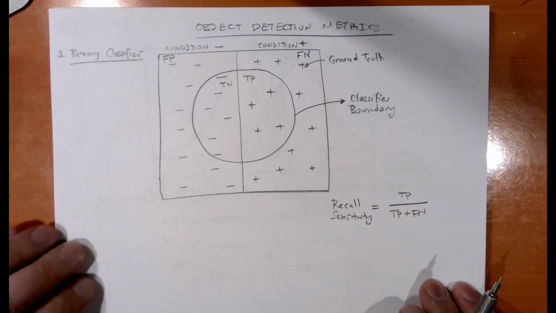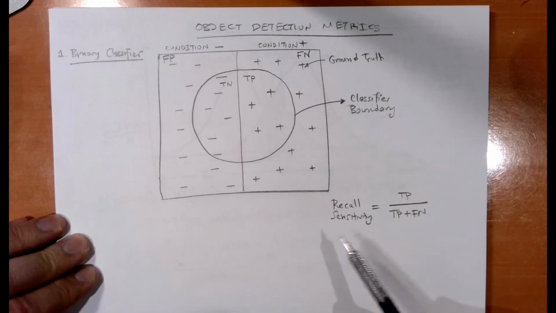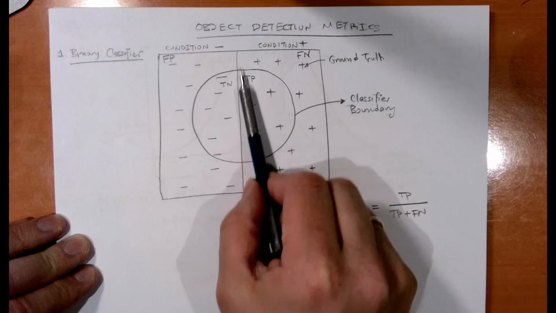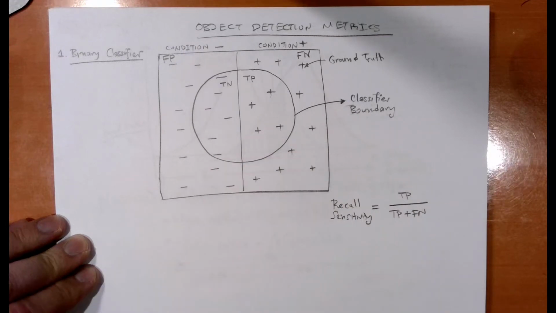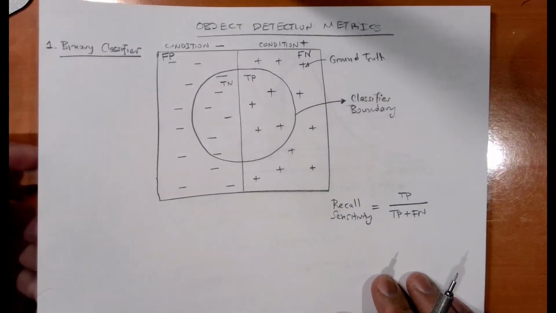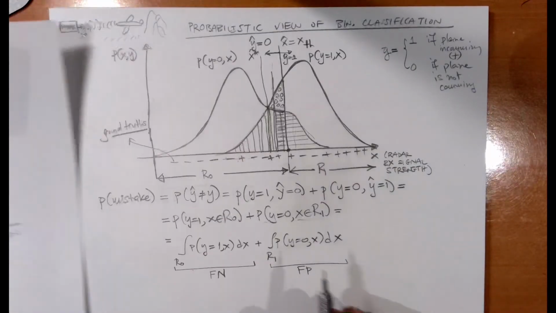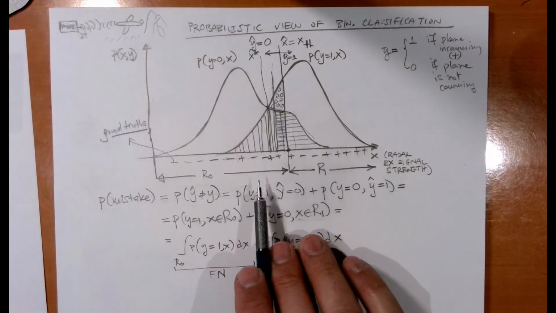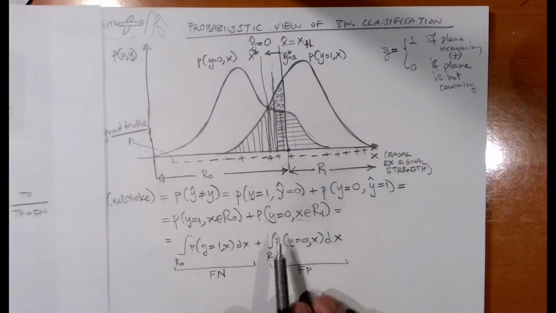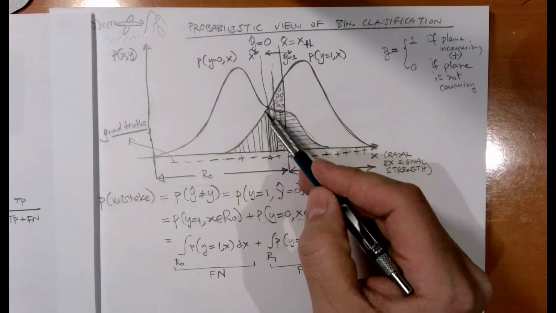And that's one area, and you can see recall and sensitivity have to do with the condition positive performance, and if you remember, the false negatives that are associated with the recall and sensitivity formula are associated with this tail over here.